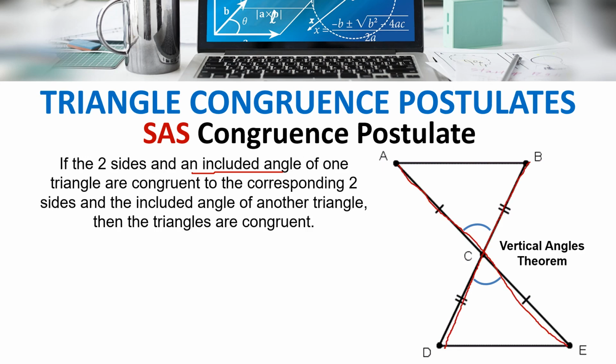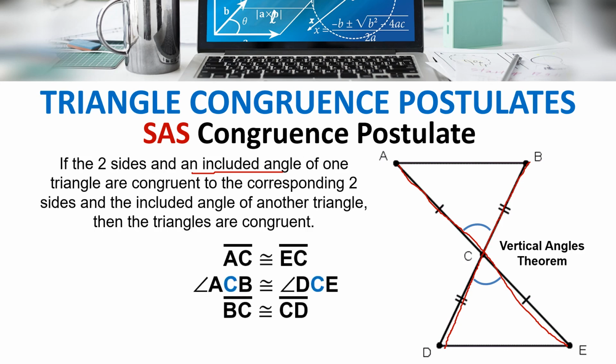Okay? Yung opposite angles na mabubuo, they are automatically congruent. So, this angle is congruent to this angle. Okay? Ayan. So, pwede na ngayon nating ilista lahat ng mga congruent na corresponding parts.